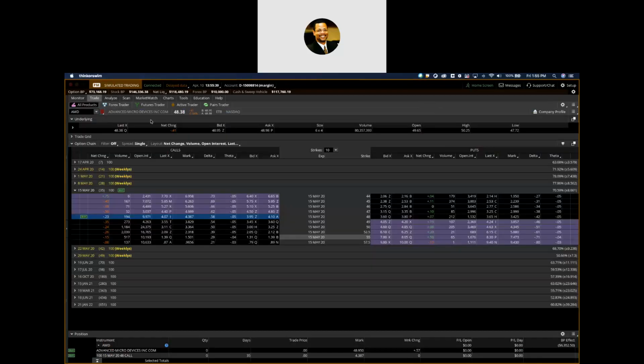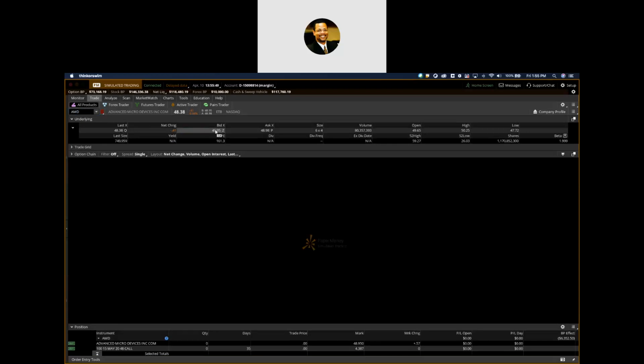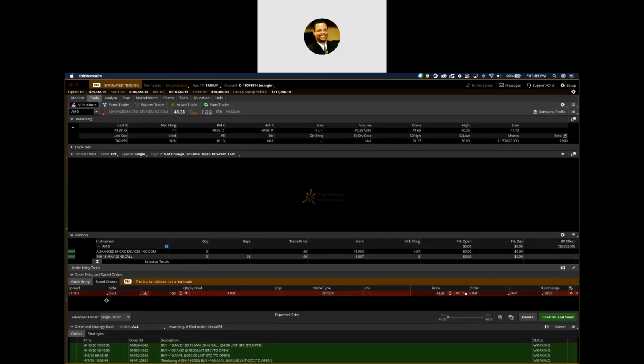So I'll go to my trade tab, put in my symbol, which is AMD. I want to go to my underlying, and I'm trying to sell. So I click on the bid, and that brings up a sell order. I want to sell minus 100, which means I want to sell 100 shares of AMD. It's a stock, and I want to sell it at my target, $59.